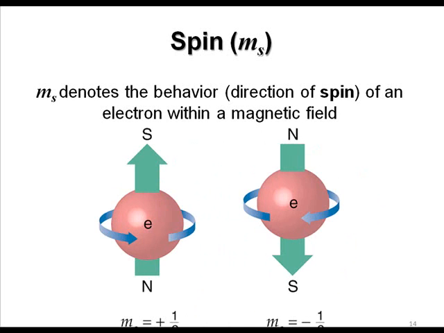And when they're little magnets, those magnets either are oriented with south up, north down, or if they spin the other direction, they spin with north being up, south being down. And so what you have is electrons, if they act like magnets, they cannot have the same spin in the same orbital, for like magnets will repel each other.